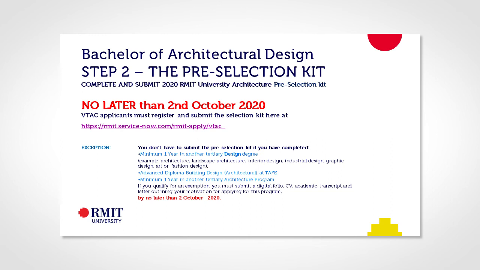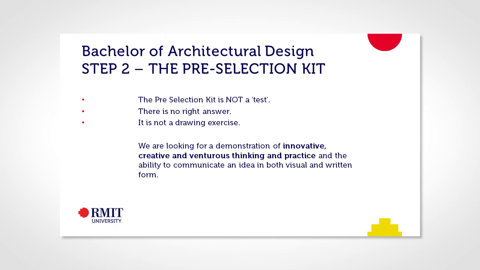The reason for the early date is we've tried to keep them away from peak exam period. There are some exceptions to the pre-selection kit if you've completed a year in another tertiary degree, and these are listed on this slide.